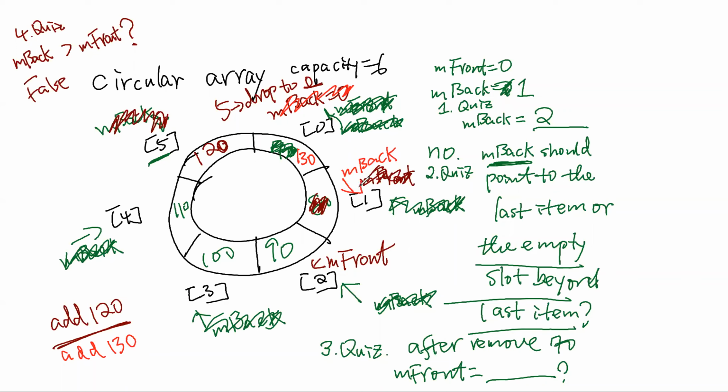So did you see, in this case, this is the circular way. In this case, do I need to do shifting? No. No shifting is needed. This is very nice to deal with that shifting issue.